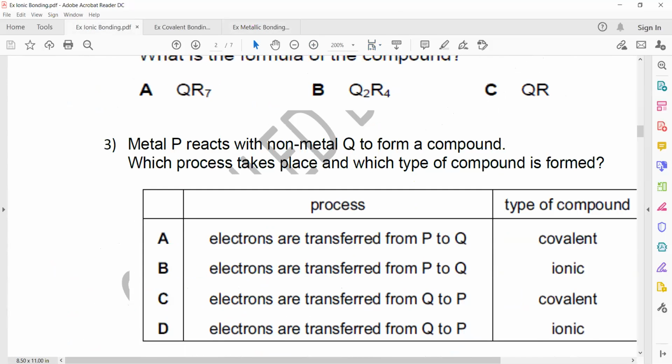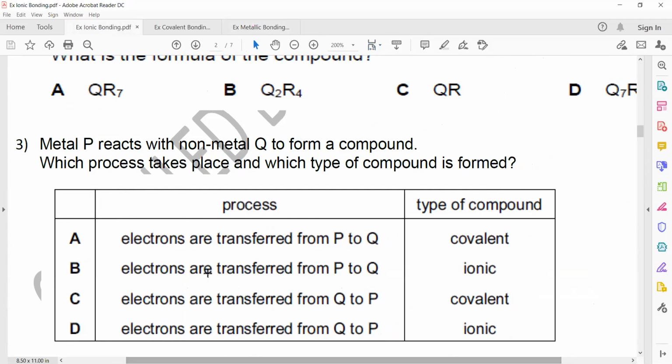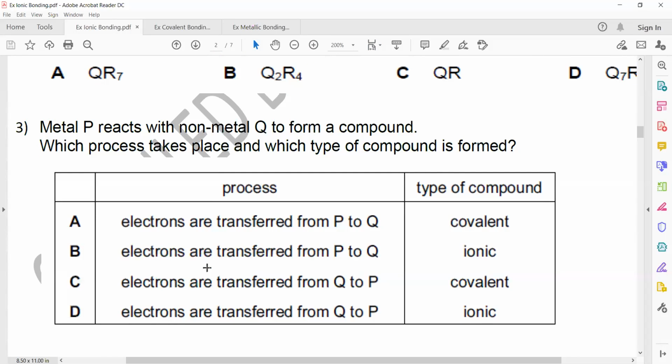Question 3, this is from ionic. Metal P reacts with non-metal Q to form a compound. Which process takes place and which type of compound is formed? Metal P reacts with non-metal Q. Yeah, B is the right answer.